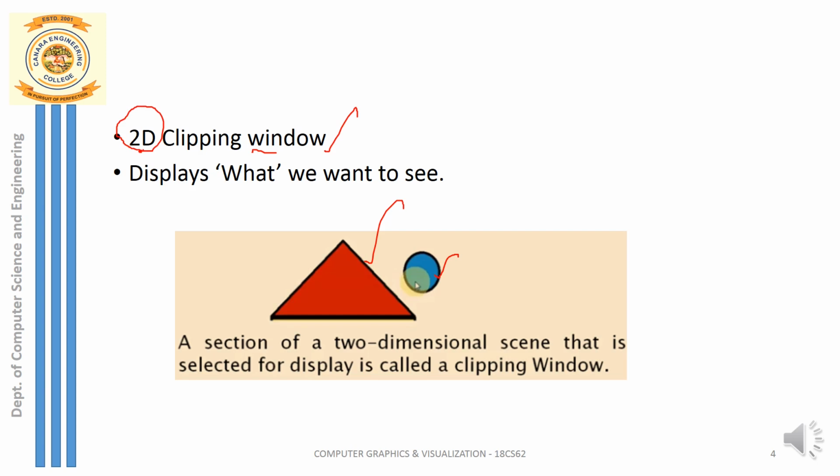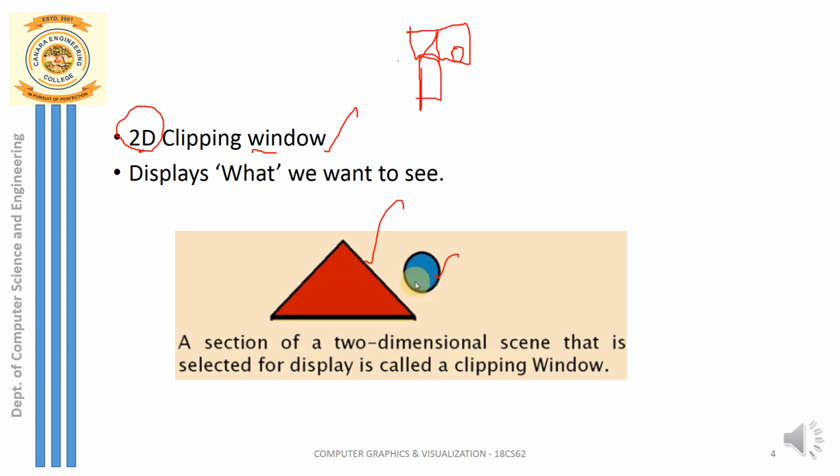What is the meaning of a clipping window? From my simple house-like figure with a circle, I am clipping only the top portion. For that, I require one 2D clipping window, which is rectangular in shape and has certain boundaries.